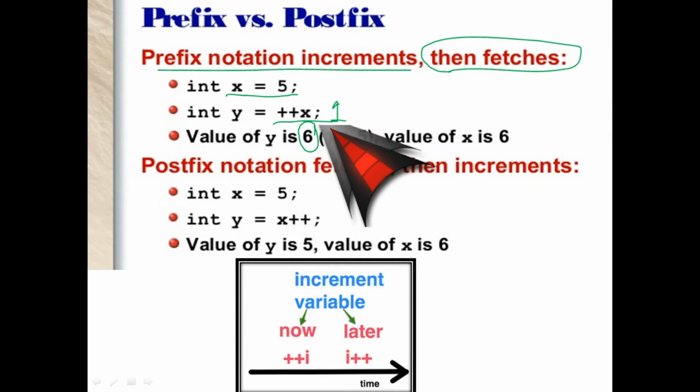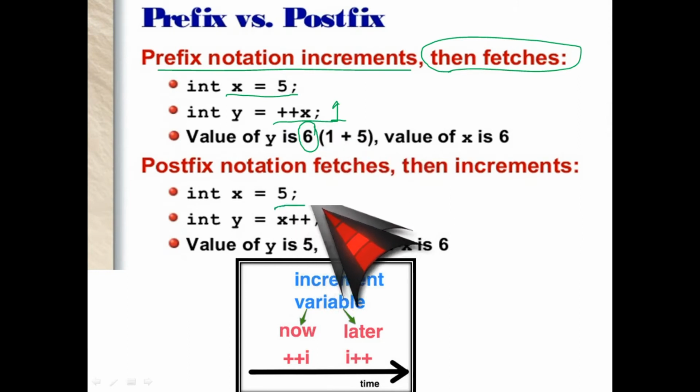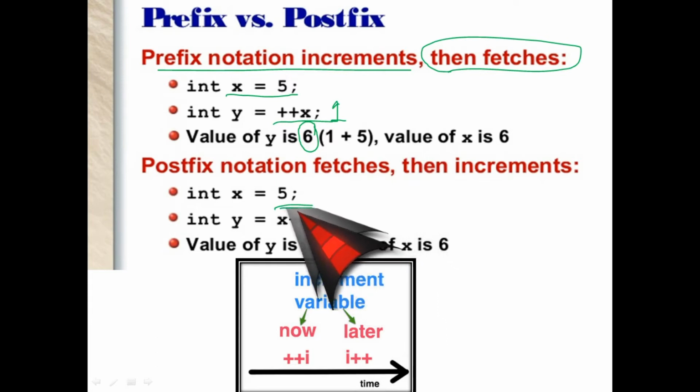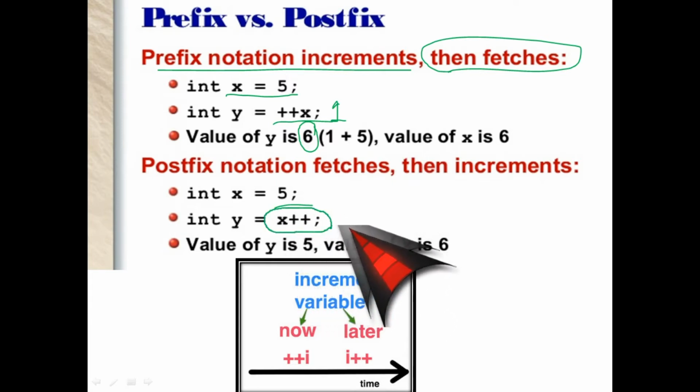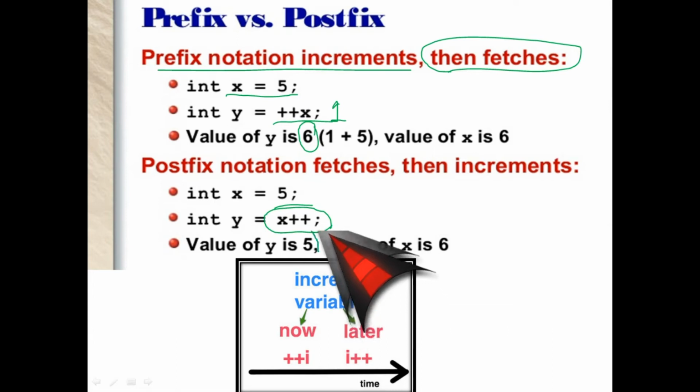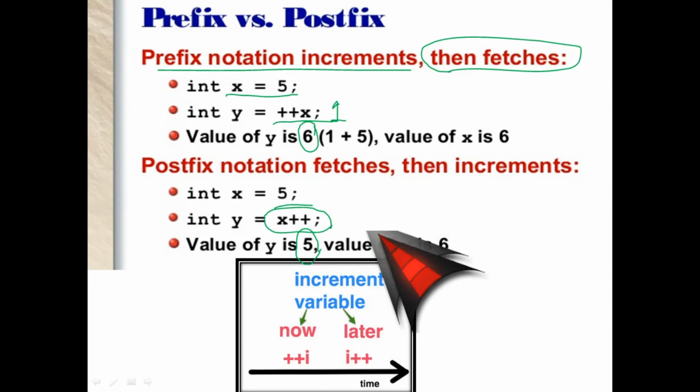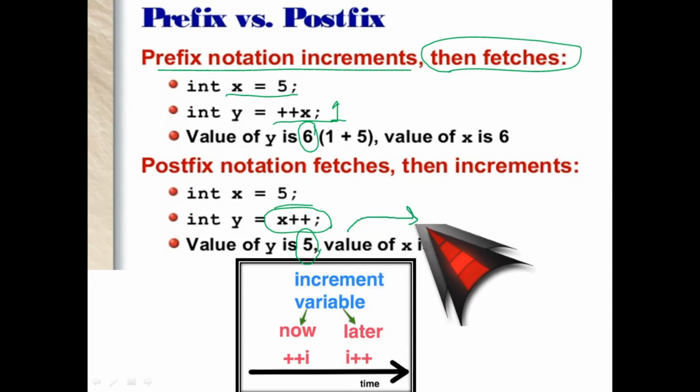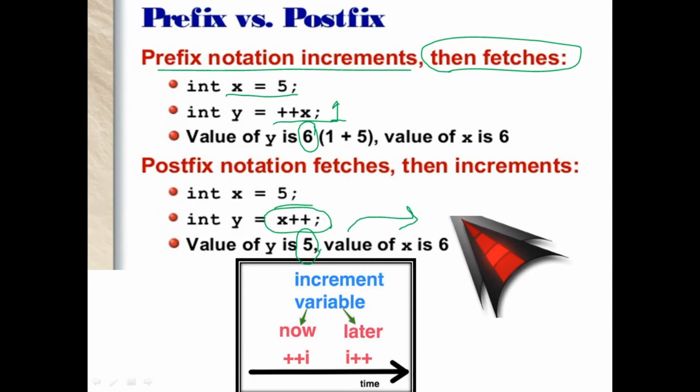But with postfix notation, if x is 5 and I write x plus plus, the value will still be 5. Later on, whenever we use x, the value will change to 6.